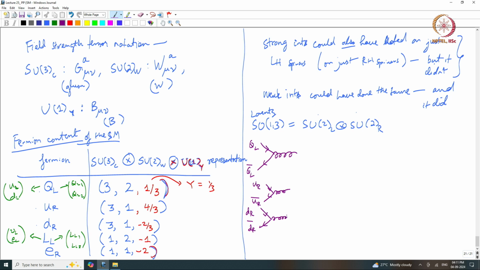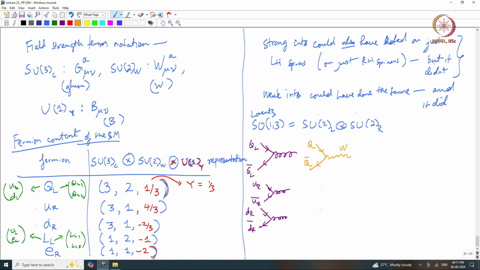The weak force, let me pick orange. The weak force acts on the QLs. So I can have this interaction, I can have this vertex coming from its own non-abelian Lagrangian.